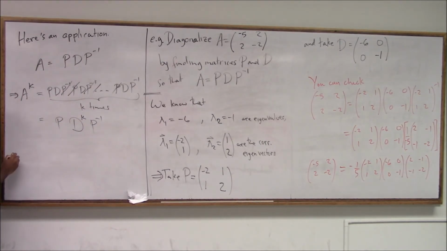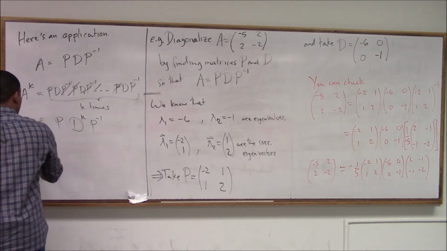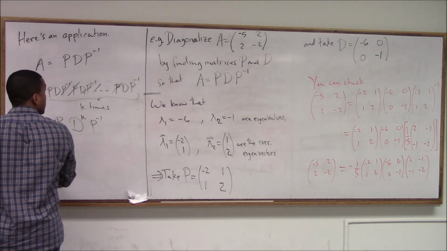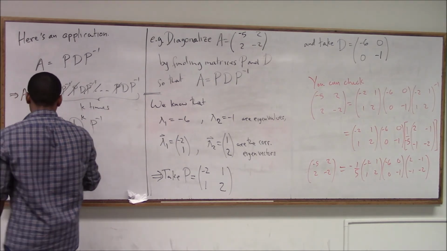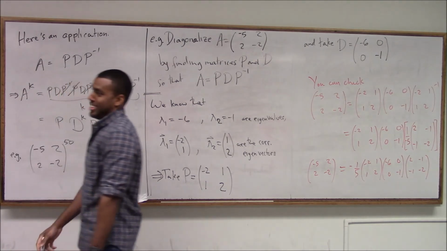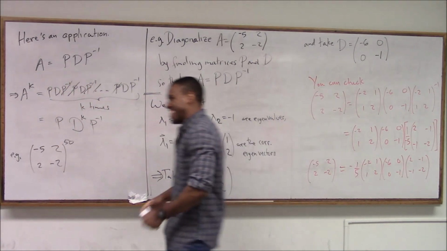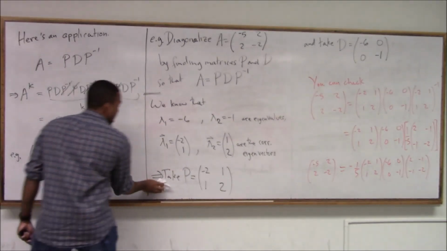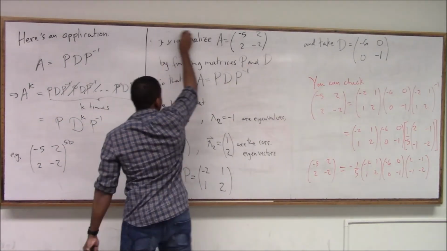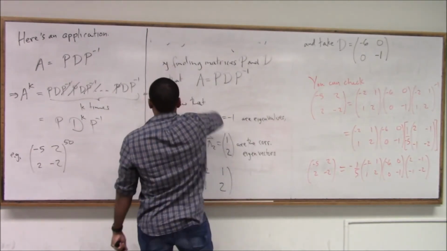So, for example, I might ask you on a test, compute this to the 50th power. And I'm going to see who was paying attention to try to find a pattern. But the idea is you can actually do this pretty easily by knowing you can diagonalize it.